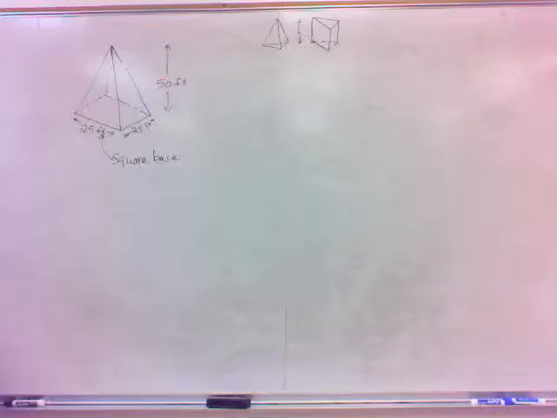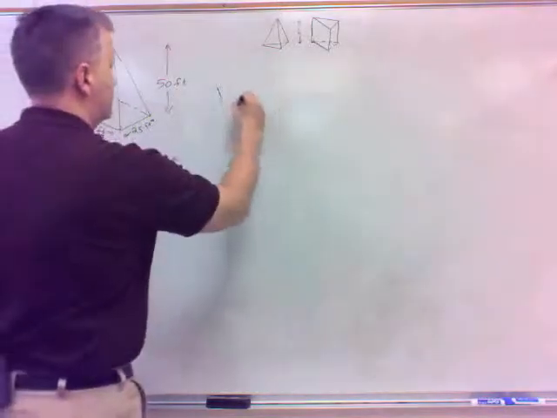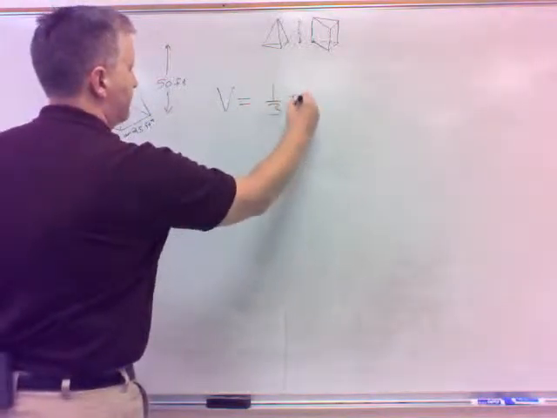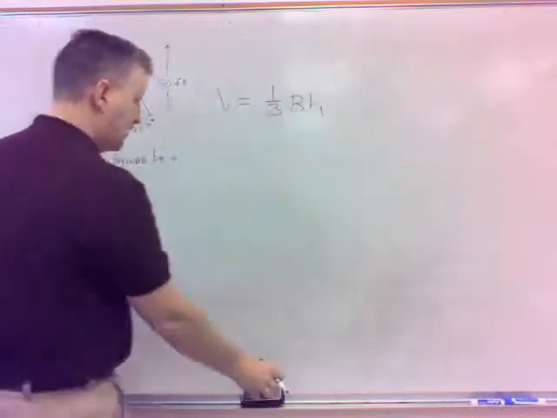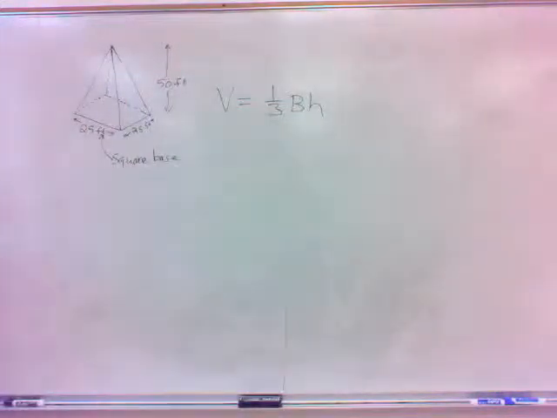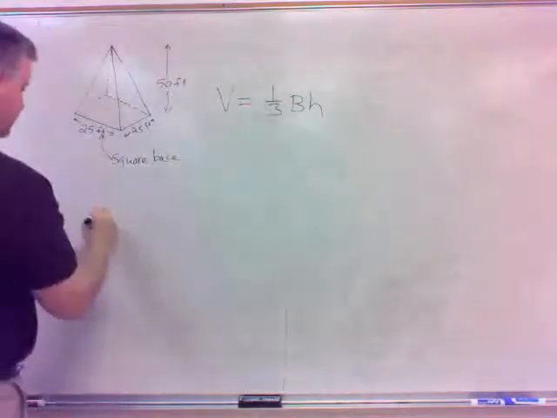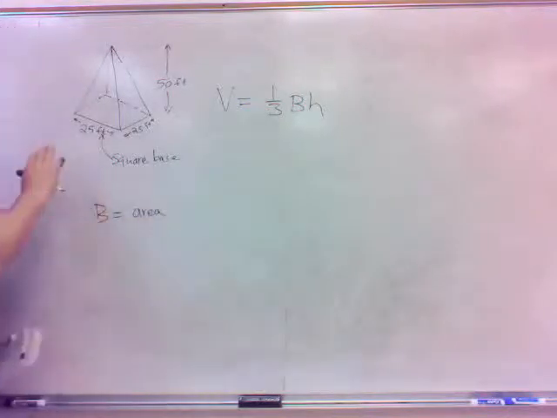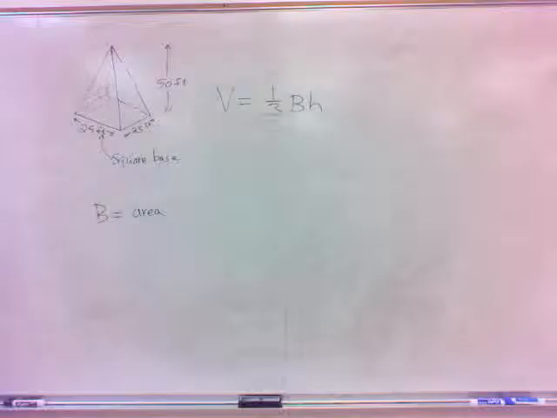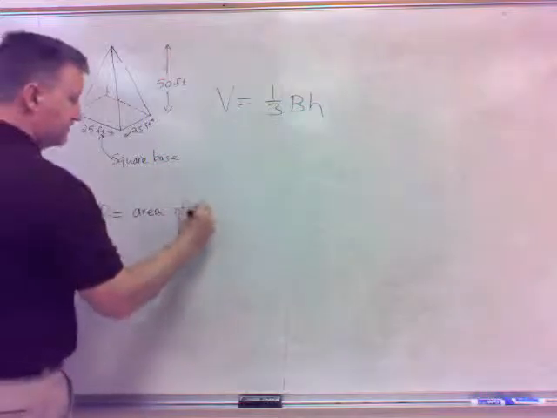Okay, so what is the volume of this pyramid? Well, it's 1/3 big B times H. So just like on the prisms, the first step in calculating the volume of a pyramid is to calculate big B, the area of the base. In this case, big B is a square, so I need to do the area of a square.